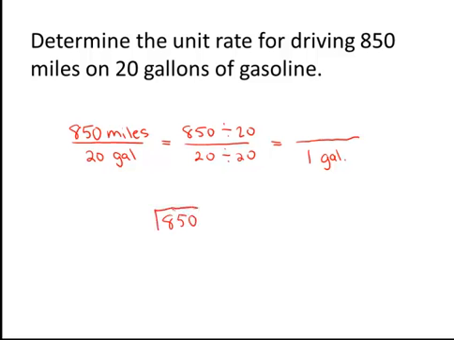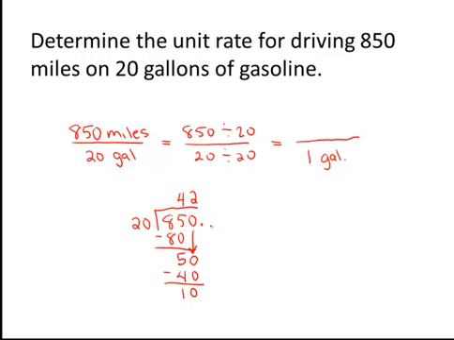850 divided by 20. 20 goes into 85 4 times. 20 times 4 is 80. There's 5 left over, and we bring down the 0. 20 goes into 50 twice. 20 times 2 is 40, and there is 10 left over.